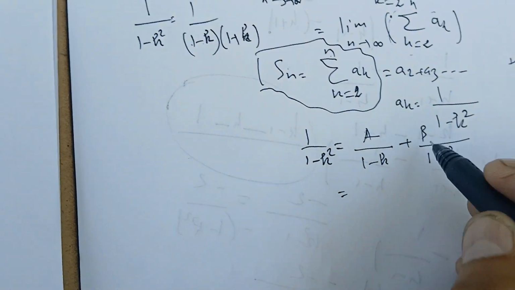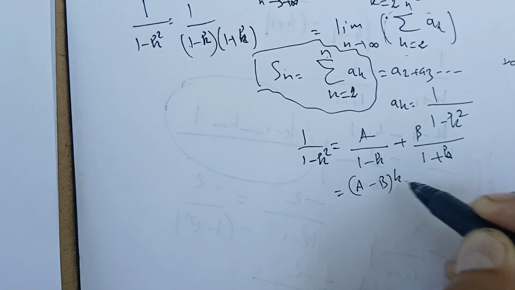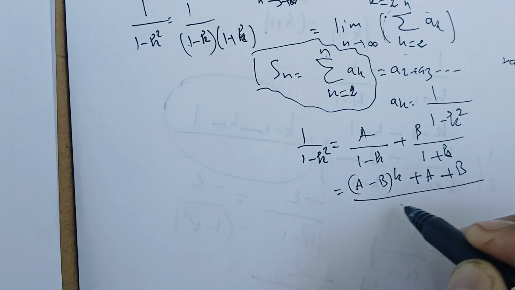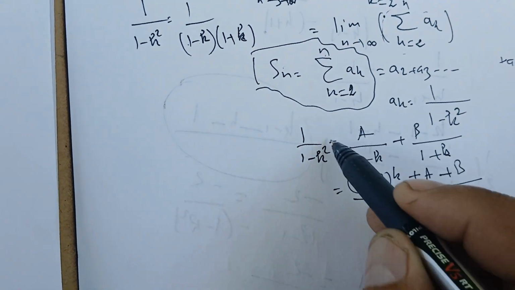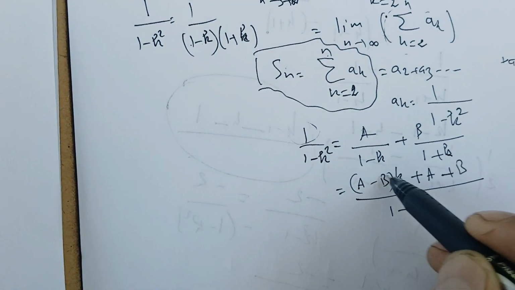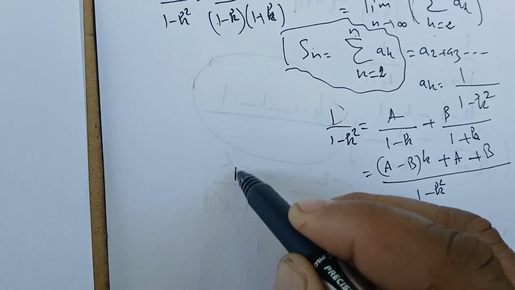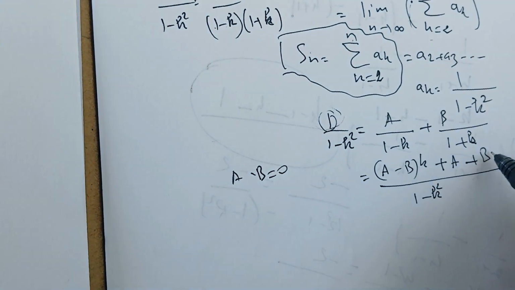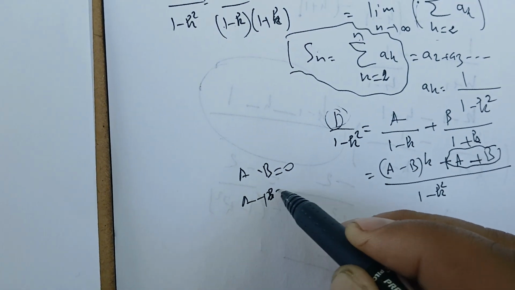If we do the multiplication, we get (a minus b) times k plus (a plus b), over 1 minus k squared. And here we do identification. There is no term that has k, so that means a minus b is 0. And the only term that has 1 is the constant coefficient, a plus b, so a plus b is 1.